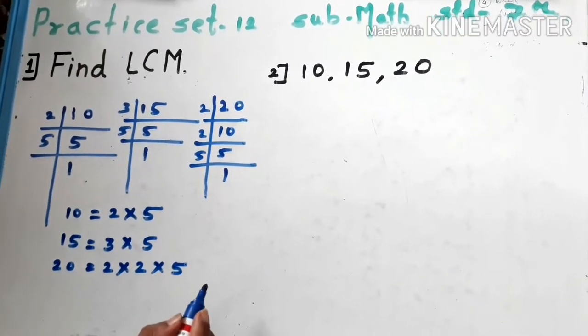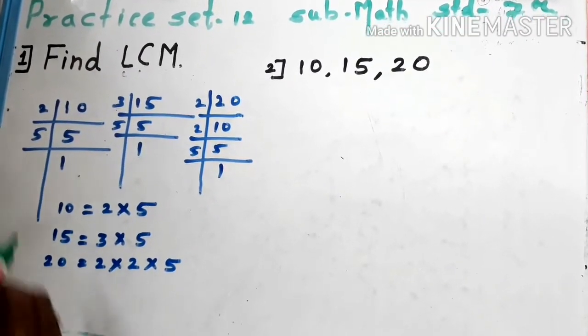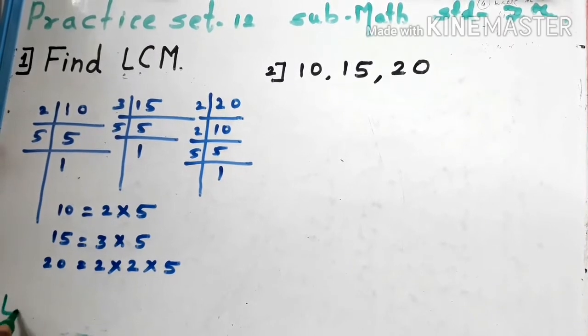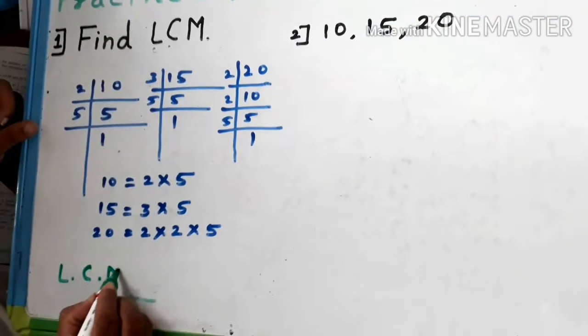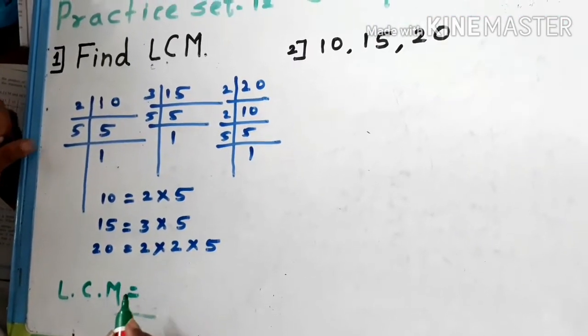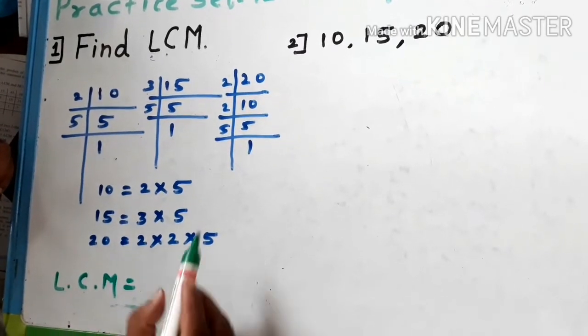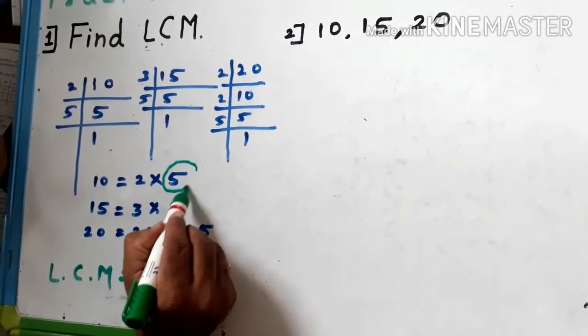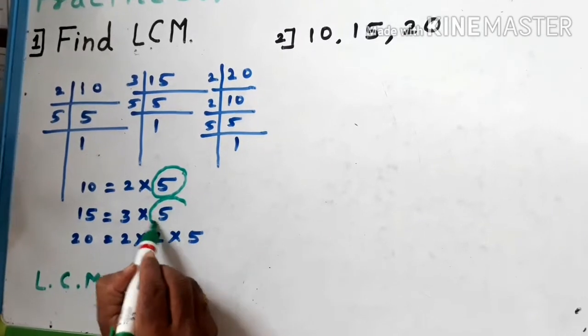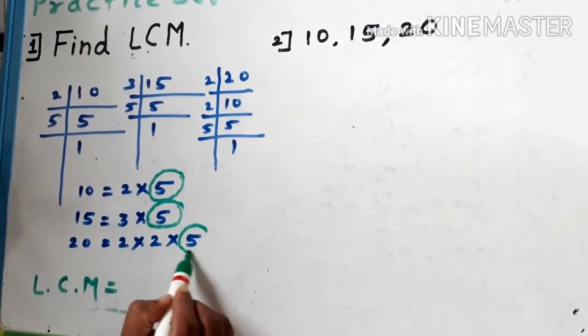Here we see the factors of these three numbers. We find the LCM. The least common multiple is equal to: first of all take the common factor, 5. 5 is the common factor in these three numbers.